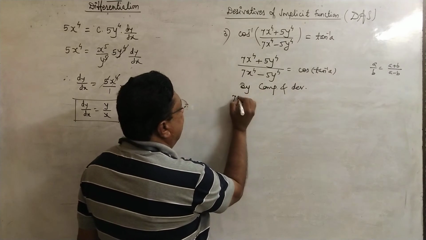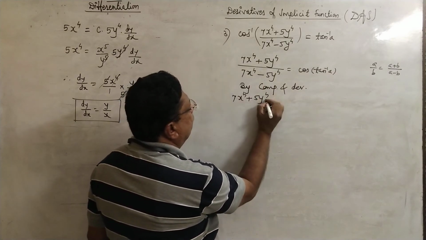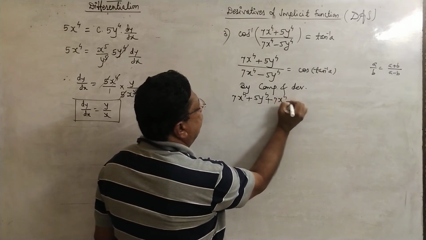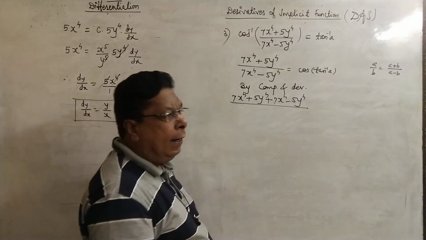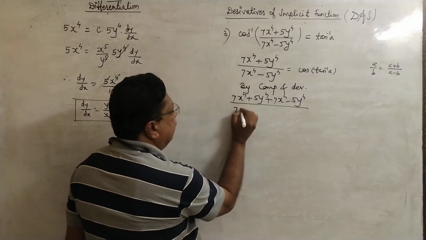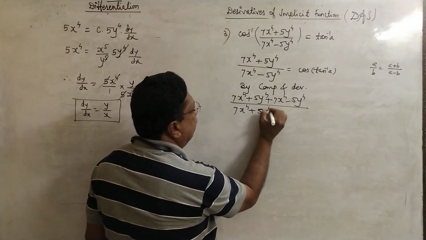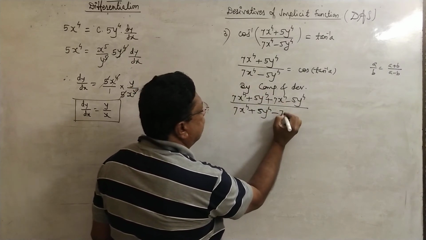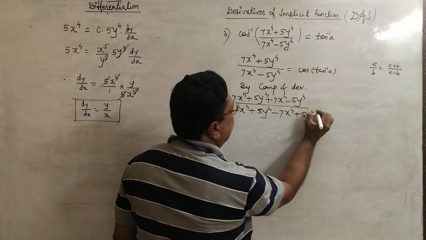So this becomes (7x raised to 4 plus 5y raised to 4 plus 7x raised to 4 minus 5y raised to 4) divided by (7x raised to 4 plus 5y raised to 4 minus 7x raised to 4 plus 5y raised to 4).